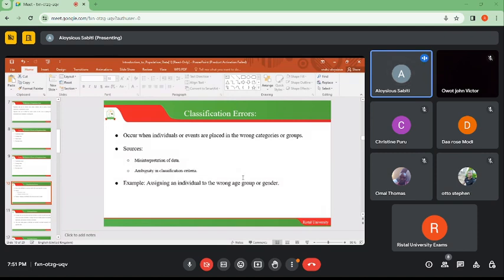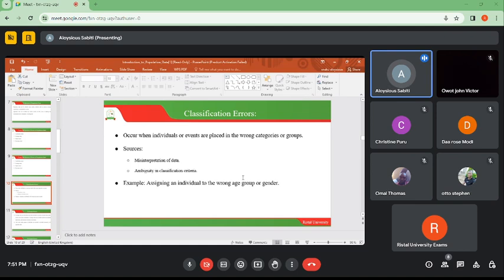For example, you want to understand the demographic characteristics associated with uptake of modern contraceptives among women of reproductive age. When you're talking about women of reproductive age, we understand that it is between the ages 15 to 49.